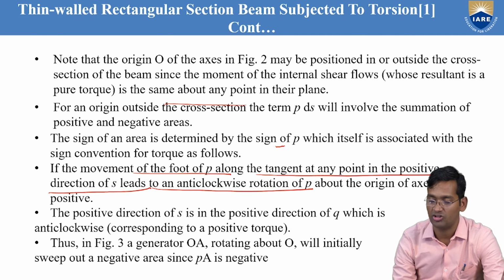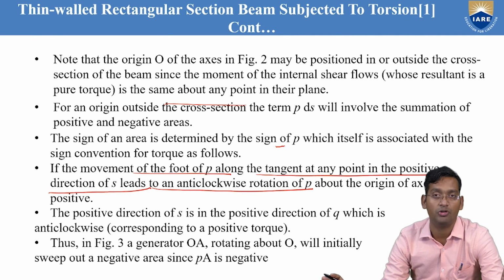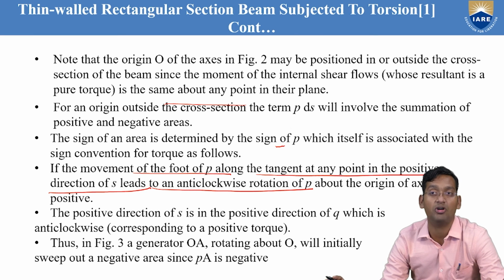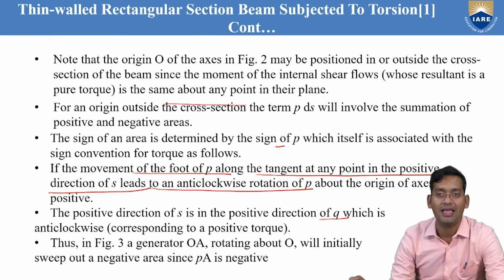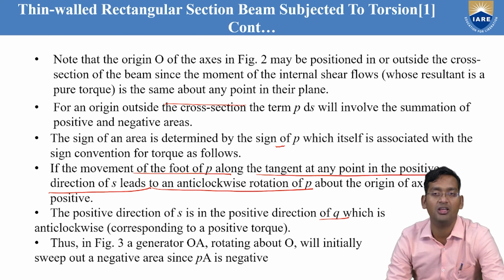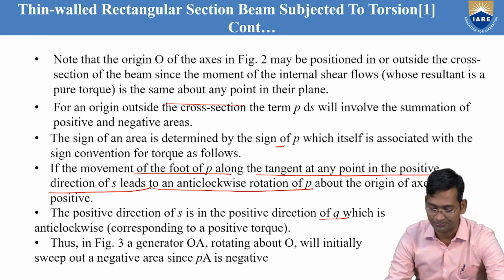So P is positive if anti-clockwise. The positive direction of S is in the positive direction of Q, which, anti-clockwise, corresponds to a positive torque. So Q is also positive and S is also positive in the anti-clockwise direction, hence torque also will be positive.